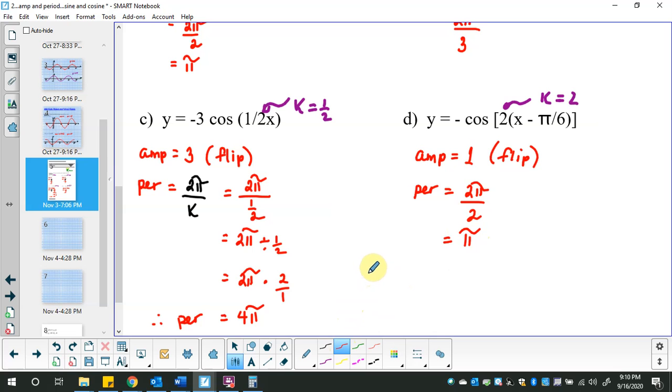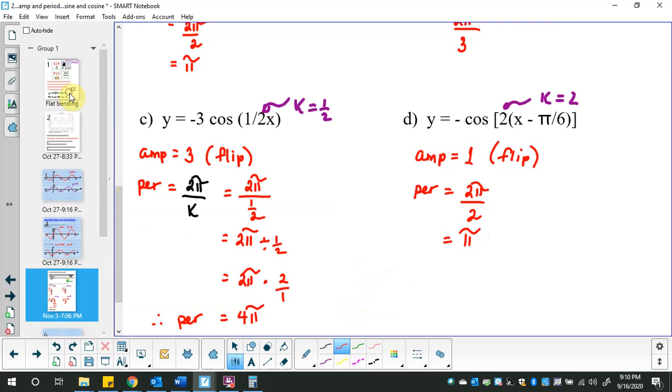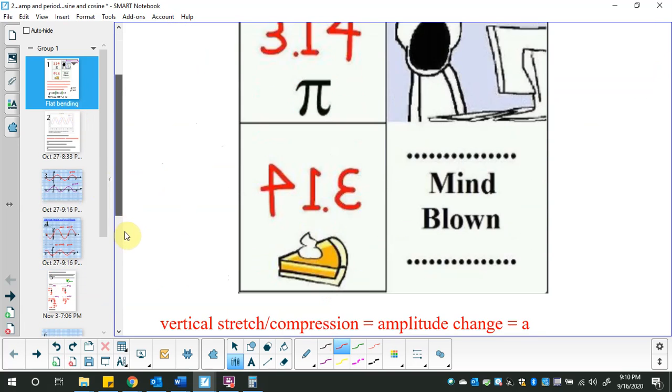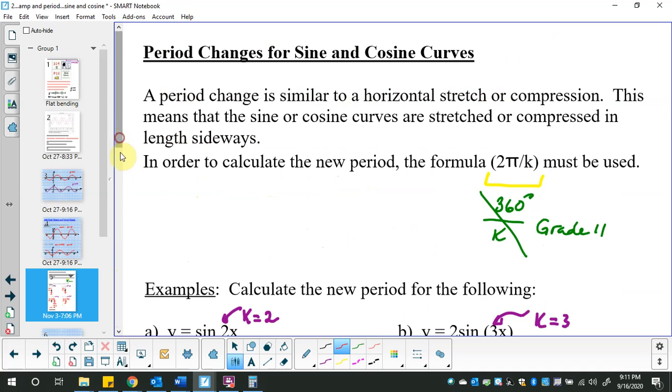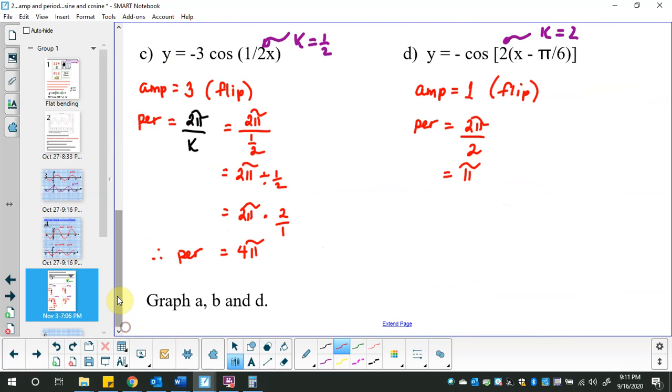And then finally, if I go back to the very first slide, and I look at what I put in the bracket, that's a C value, that's a phase shift, that's a horizontal, so side to side translation, so a movement. So when I ask you what's happening for this, I'm going to say that there's a phase shift, which in future lessons I will abbreviate to PS.